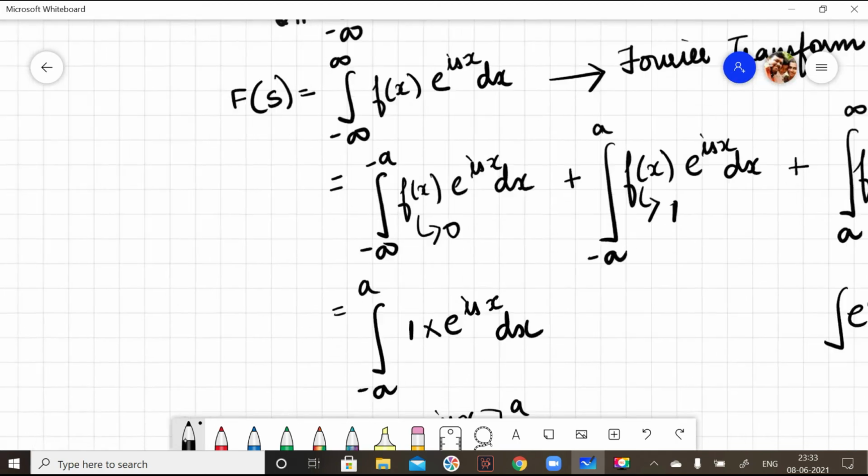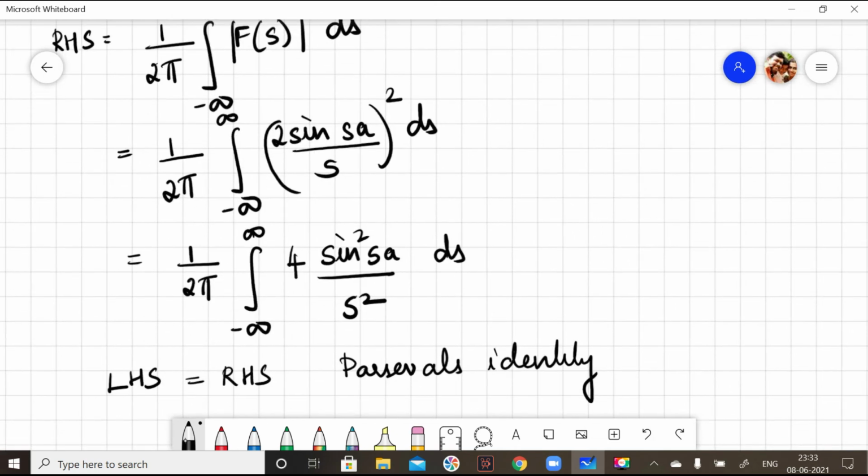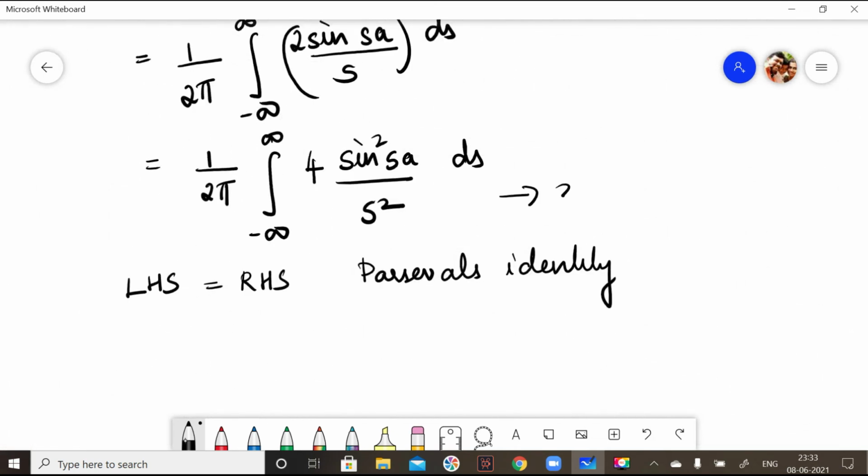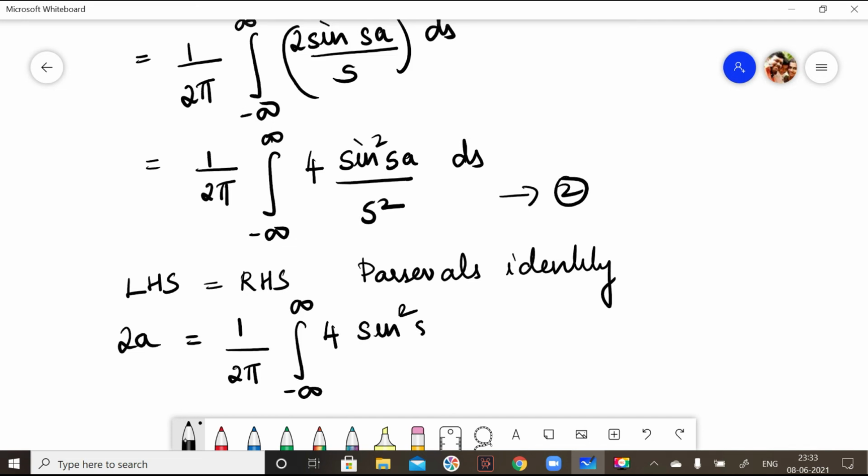So 2a is equal to my RHS, which is 1 by 2 pi integral minus infinity to infinity 4 sin square sa by s square ds.